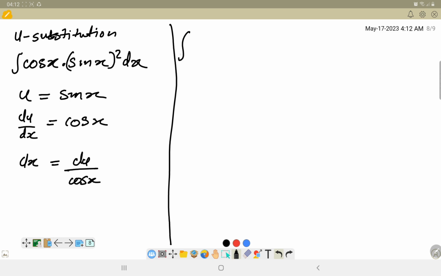Then we'll go back and substitute into our original problem. Cos x will remain as it was. Sin x can be replaced by u, then u to the power 2. Dx can be replaced by du over cos x. Then we can see that cos x and cos x can cancel. Then we are left with u squared du.